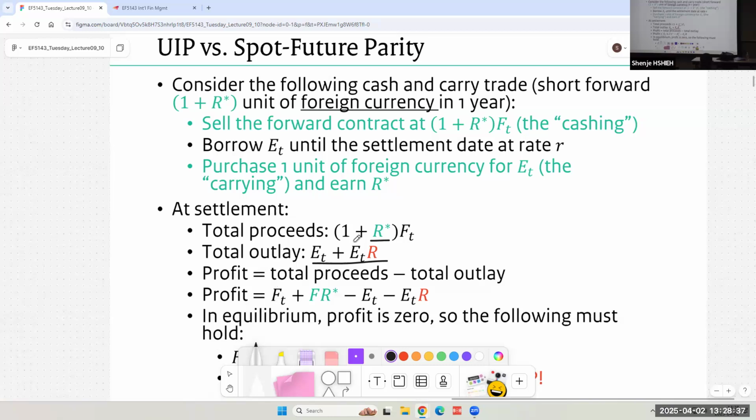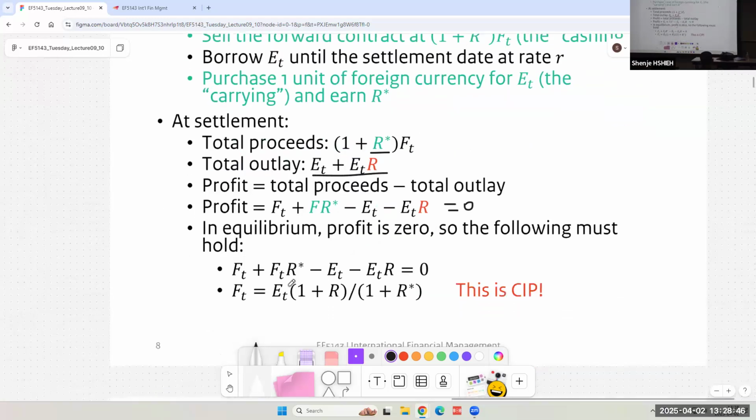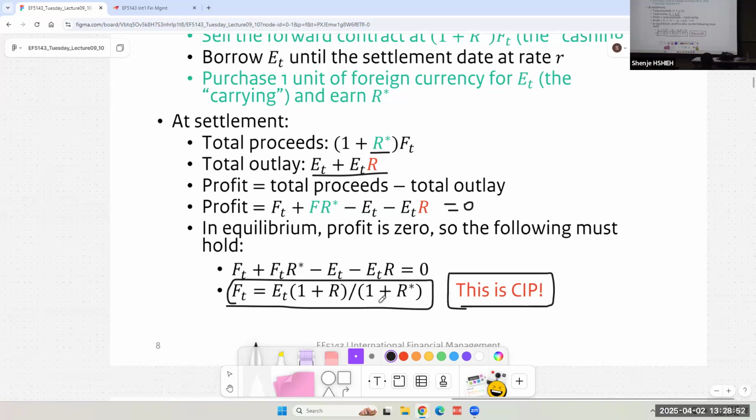Calculate the profit, which is the following. It must be equal to 0. Let's rewrite it in such a way that looks like CIP. We can. It will look like this. Right? So this is CIP. Just move this here and then move F over here. It's CIP.